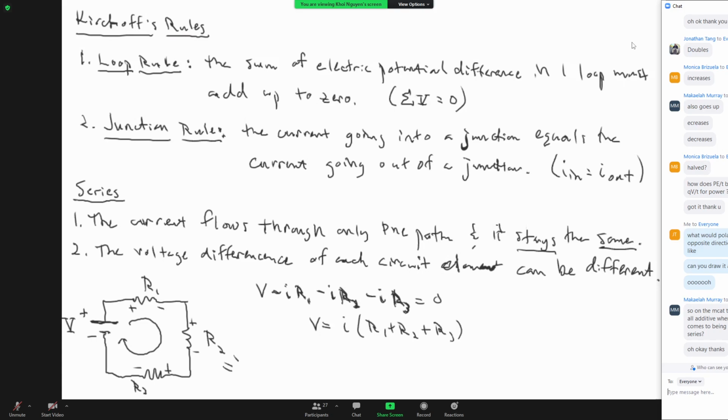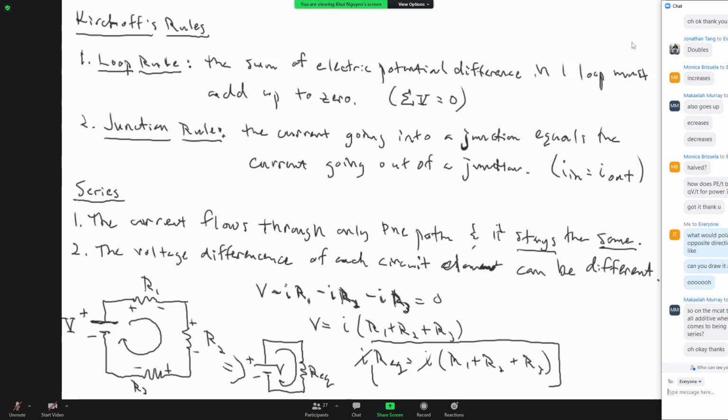If we simplify this into a circuit of just that battery and what we call an equivalent resistance, REQ, you guys call it R total in the book, we can write it as I REQ is equal to I times (R1 plus R2 plus R3). And by using Ohm's law, we can get rid of the current because we know the current stays the same. By using Ohm's law, we can see that resistors in series are additive. REQ is equal to R1 plus R2 plus R3 plus however many others.